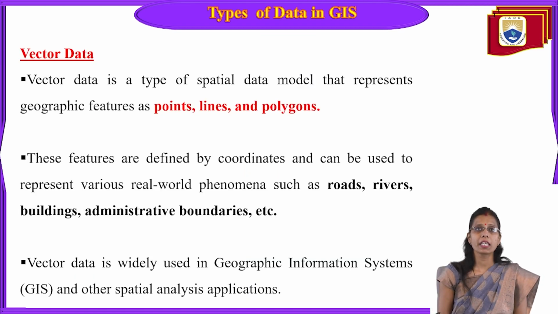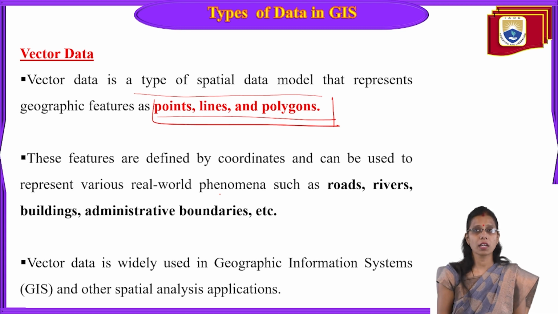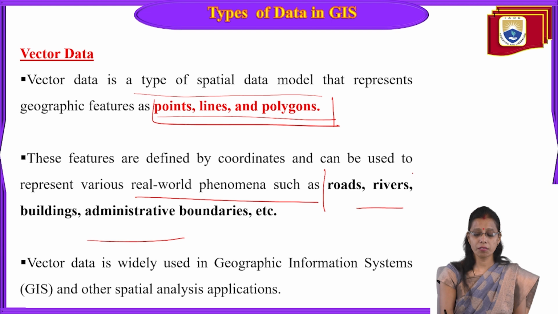Now coming to more detailed information about vector. Vector data is a type of spatial data model that represents geographic features as points, lines and polygons, as I told you just now. These features are defined by coordinates and can be used to represent various real world phenomena such as roads, rivers, buildings, administrative boundaries, etc. Whatever information you want to convert, you have to use either point, line or polygon.